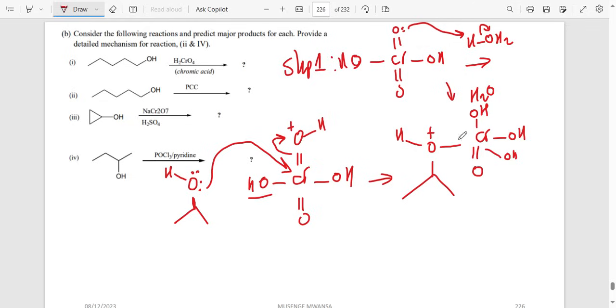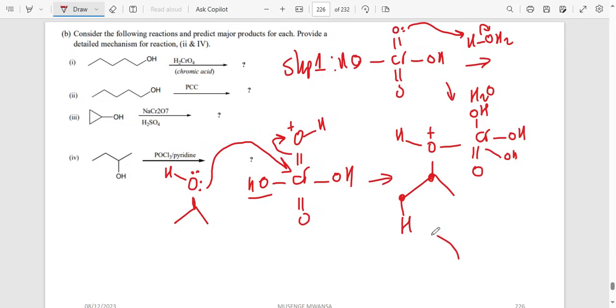The next thing that happens now is that the group we are going to use comes in. Now this is interesting. It's a very nice mechanism. For the others, I hope you can remember, when you are forming an alkene, you grab a hydrogen from a carbon that is bonded to a carbon that is bonded to your leaving group.